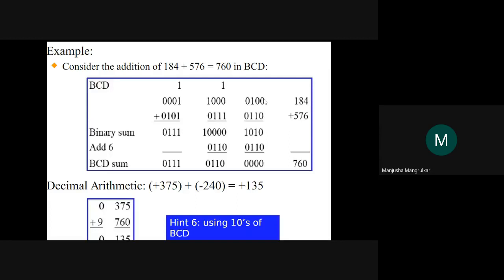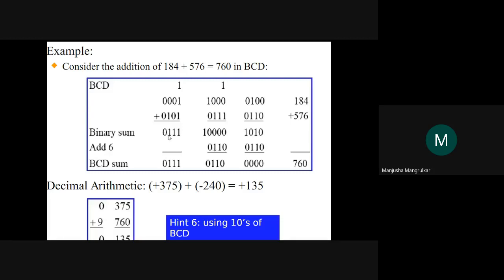So now we add these bits. 0 plus 1 is 1, 1 plus 1 is 0 and 1 will carry, and so on with each bit, 1 plus 1 is 0 and 1 will carry. Here is also a carry, and this carry comes over here. 1 plus 1 is 10, 10 plus 1 is 11. 1 plus 0 is 1. 0 plus 1 is 1 and 0. Now see the result.